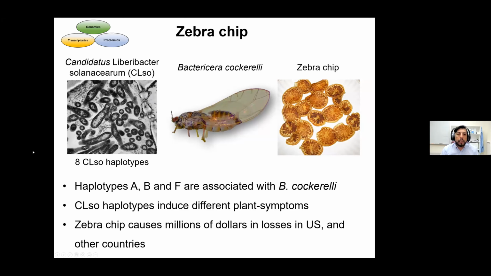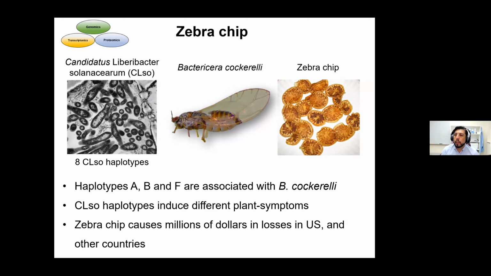To date, between 8 to 10 different LSO haplotypes have been identified, but only haplotypes A, B, and F are associated with Bactericera cockerelli. Within these haplotypes, you have different levels of pathogenicity. For example, the most pathogenic haplotype of LSO is LSO-B.